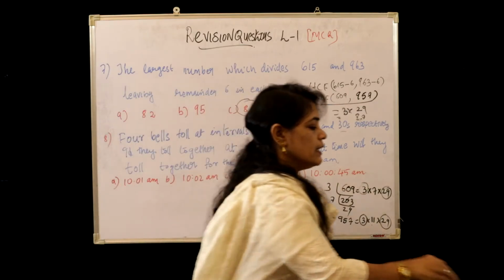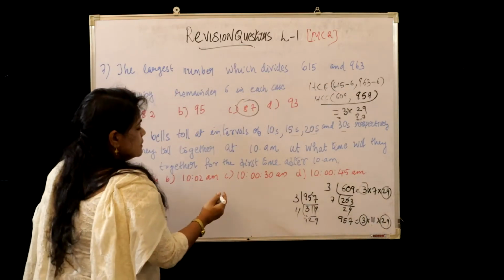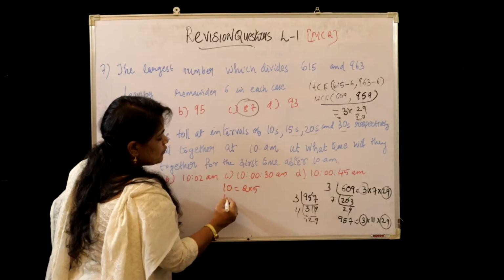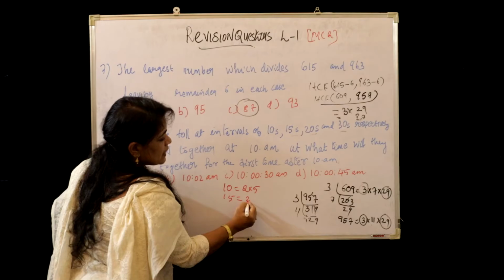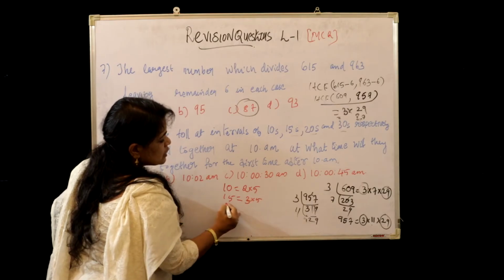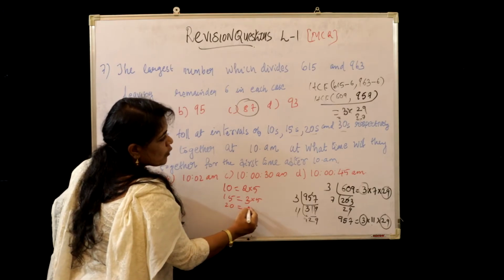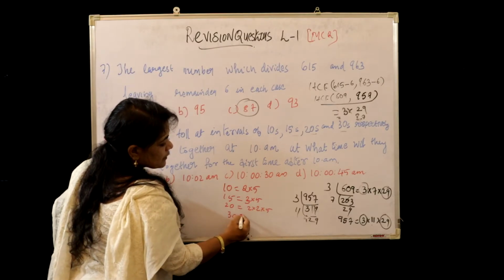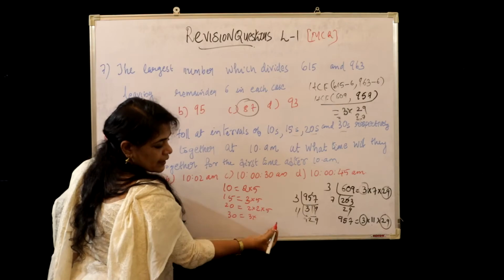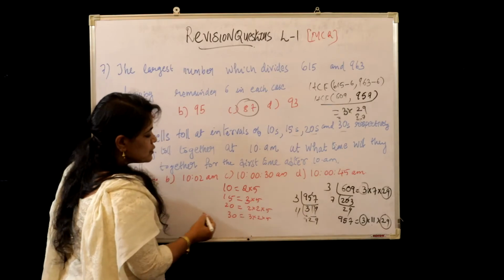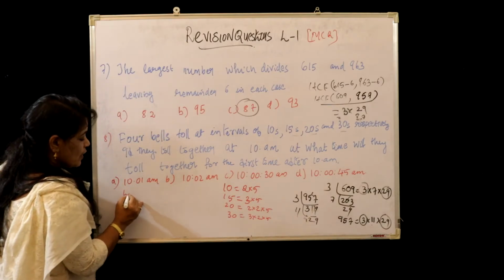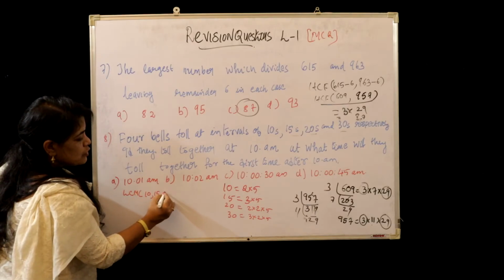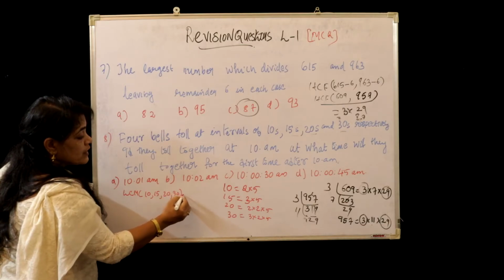That means here 10 equals 2 into 5, 15 is 3 into 5, 20 is 2 into 2 into 5, 30 is 3 into 10, so 2 into 3 into 5. So LCM of 10, 15, 20 and 30 by the prime factorization method.